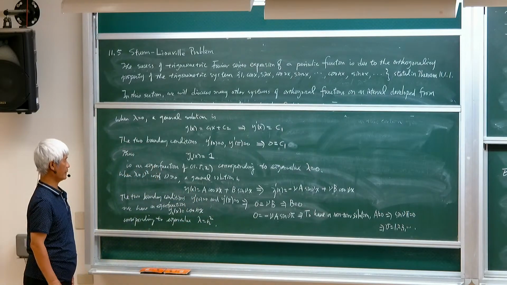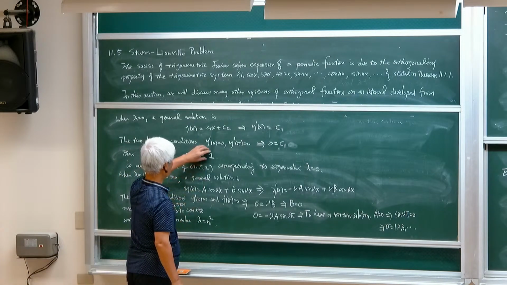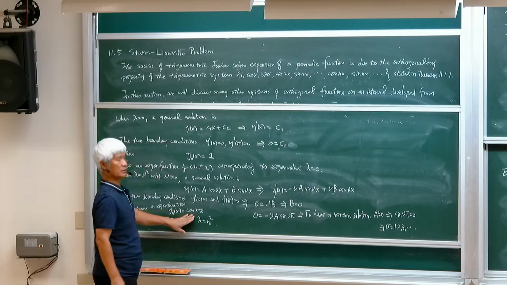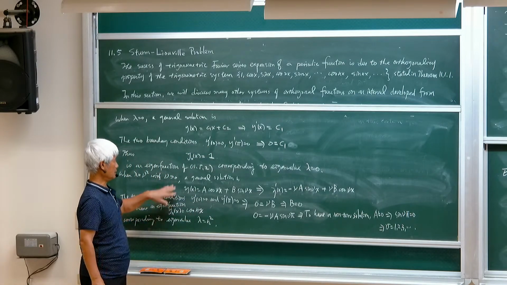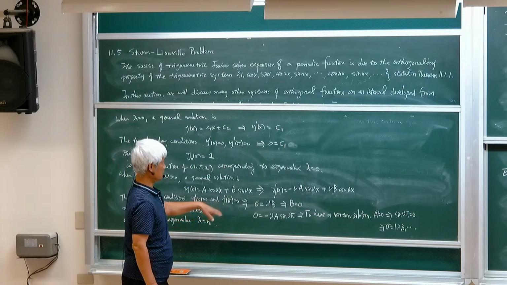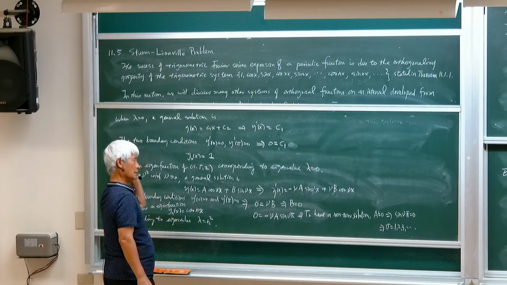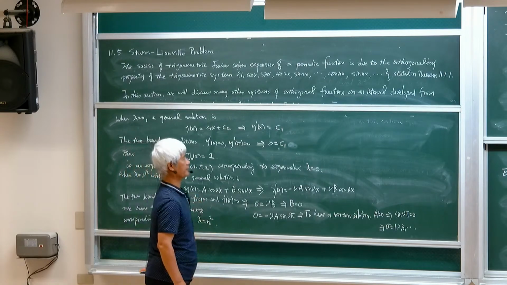Okay, so we have eigenfunctions: constant function, cosine functions. And the corresponding eigenvalues are 0, 1, the square of n, n squared, and n can be 0, 1, 2, 3, etc.